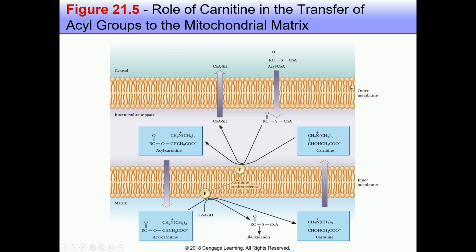So this is mitochondrial outer membrane, this is mitochondrial inner membrane, this is the intermembrane space. So this acyl coenzyme A can enter from cytosol to intermembrane space through the outer membrane.